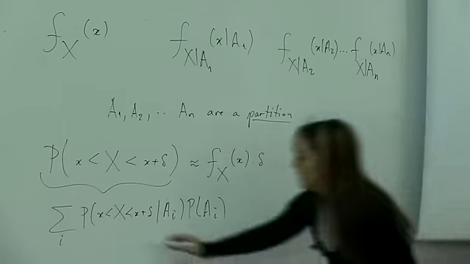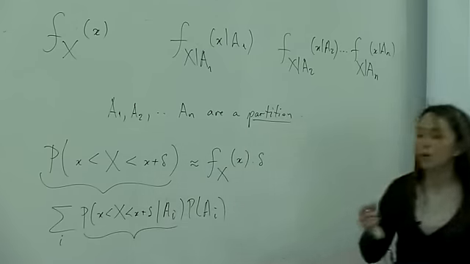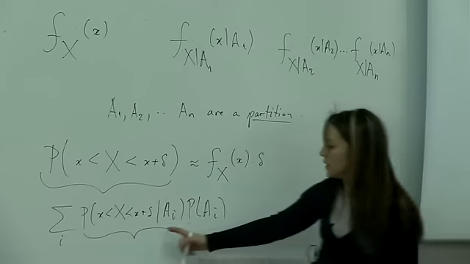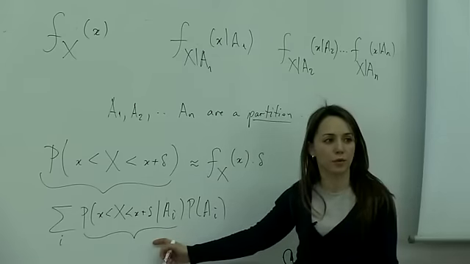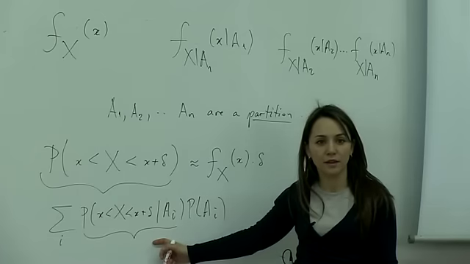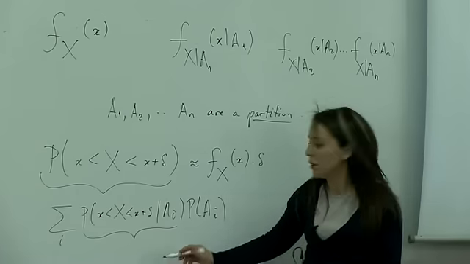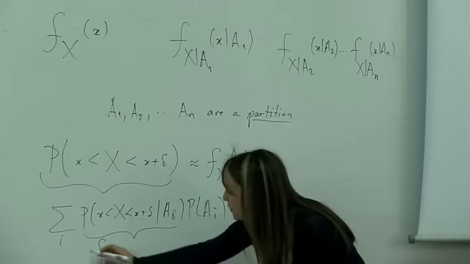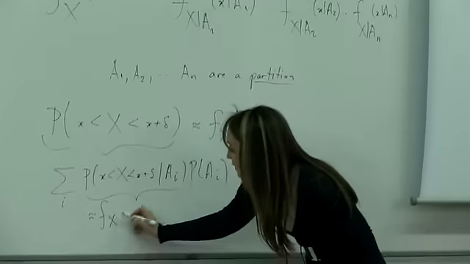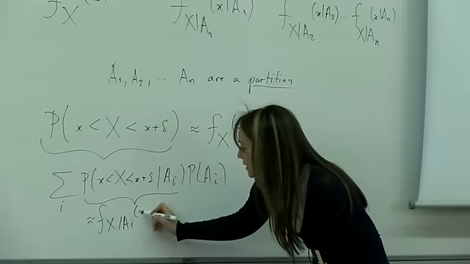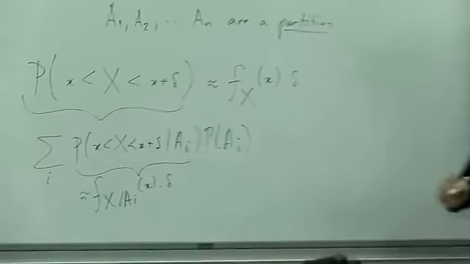But now think of this small delta, and you can approximate this conditional probability by the conditional density multiplied by delta. So this is roughly equal to f_{X|Ai}(x) times delta.